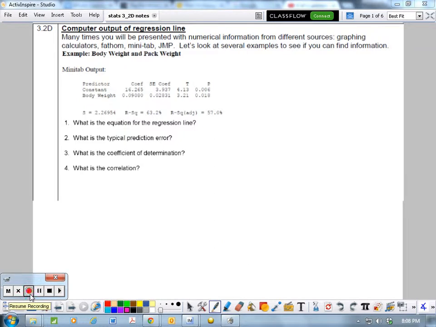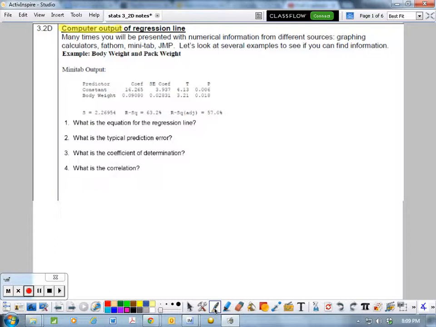Okay, so now we're to the point where our data is inputted in the computer, and then how do we read this output? We're looking at computer output and trying to understand what it means, because there are three main programs that statisticians use. We have JMP, we have Minitab, which is really expensive, thousands and thousands of dollars.